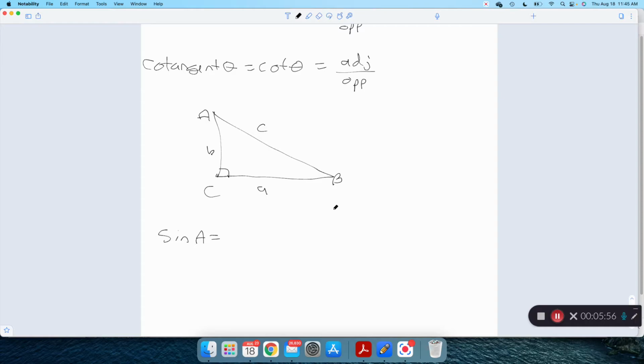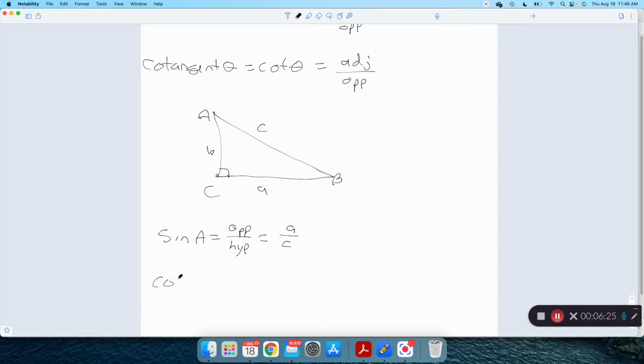You put angles into it, and it spits out fractions. So here the input, the argument of this function, is this angle A. So from angle A, I want opposite over hypotenuse. From angle A, the opposite side is little a, and the hypotenuse of the triangle is always little c.